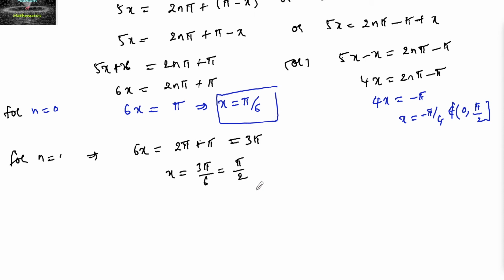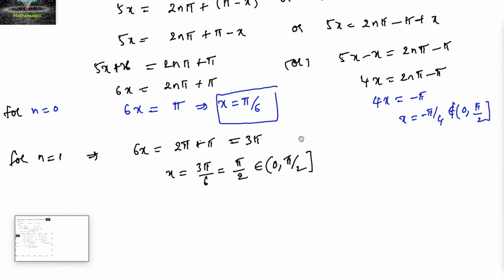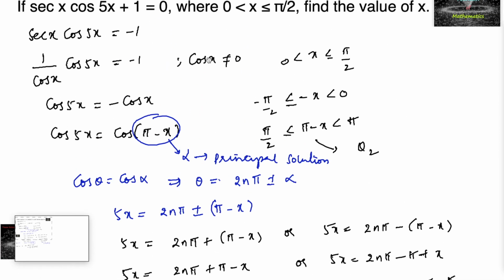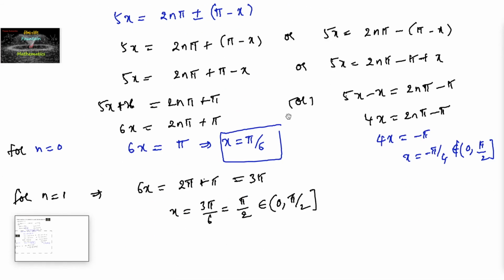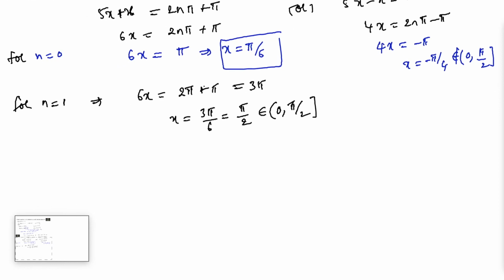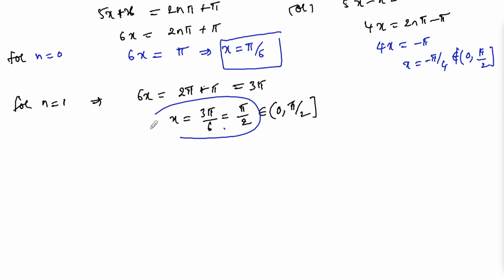So x is equal to pi upon 2 belongs to 0 to pi by 2. But for x is equal to pi by 2, the given equation is not satisfied because cos x cannot be equal to 0. Cos pi by 2 is 0. So we should not consider x is equal to pi by 2 also.